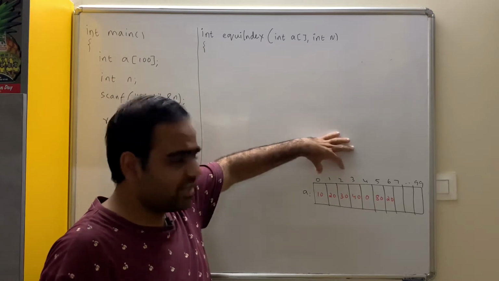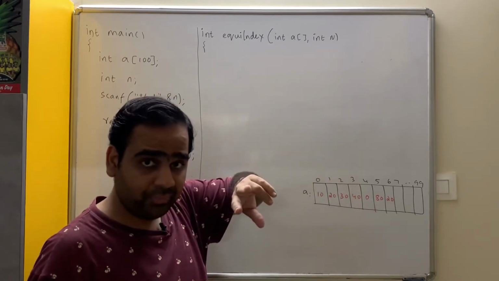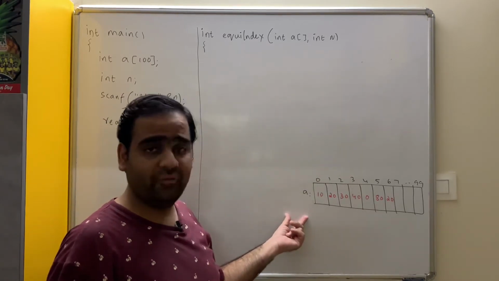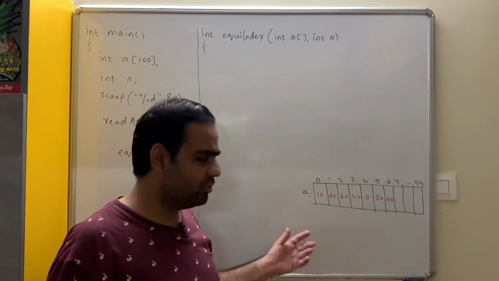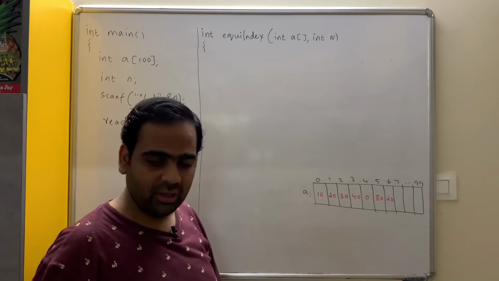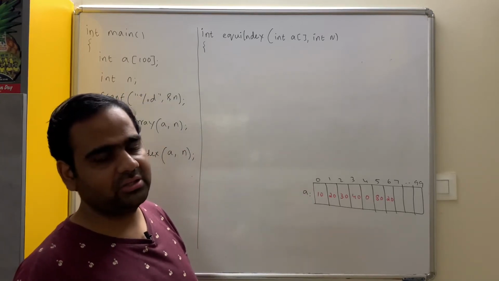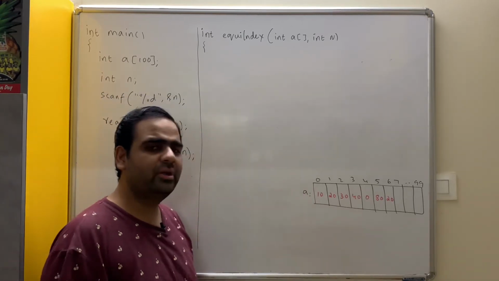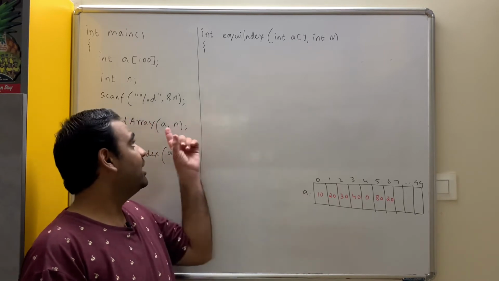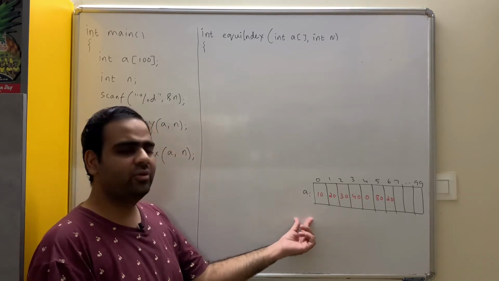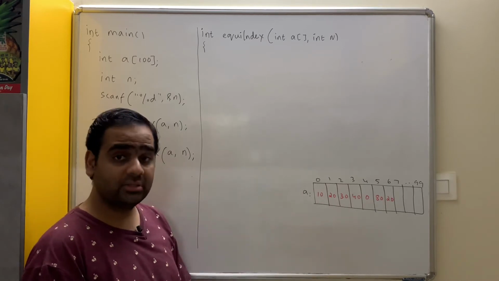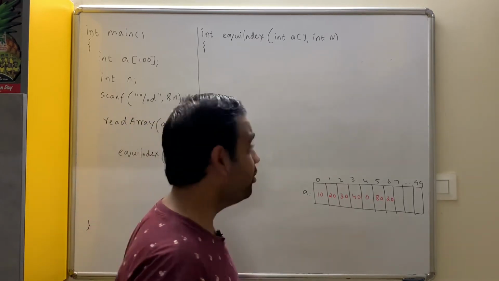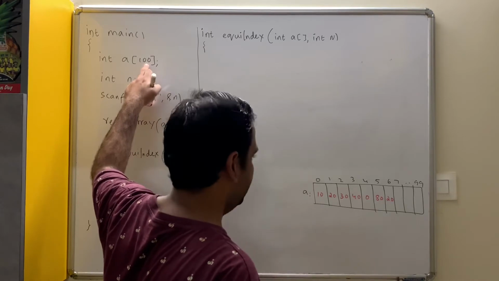Now what do I need to do first? We need to construct 2 arrays. One is the cumulative frequency of LHS, the other is the cumulative frequency of RHS, so that I can compute the cumulative frequency from the LHS and RHS. And what should be the size of the cumulative frequency of LHS? Suppose the value of n is 100, the cumulative frequency of LHS will have 100 elements, and the cumulative frequency from RHS will also have 100 elements, because the maximum size of the array is 100.